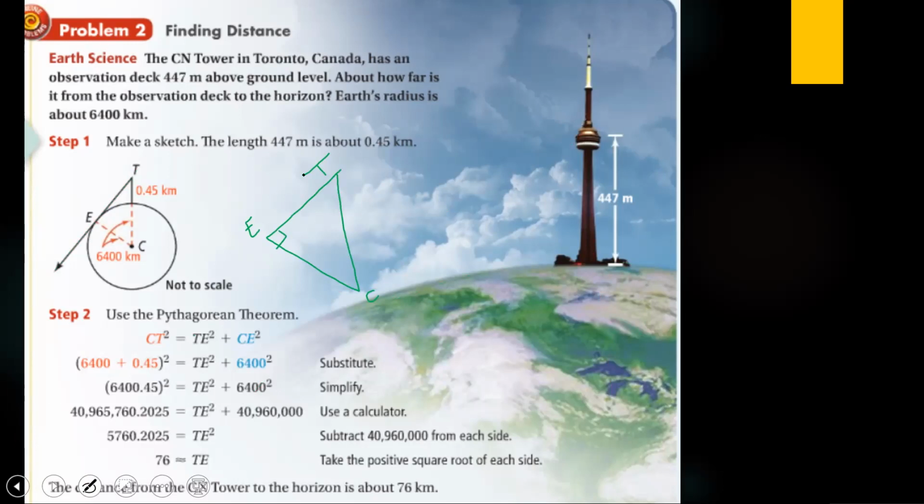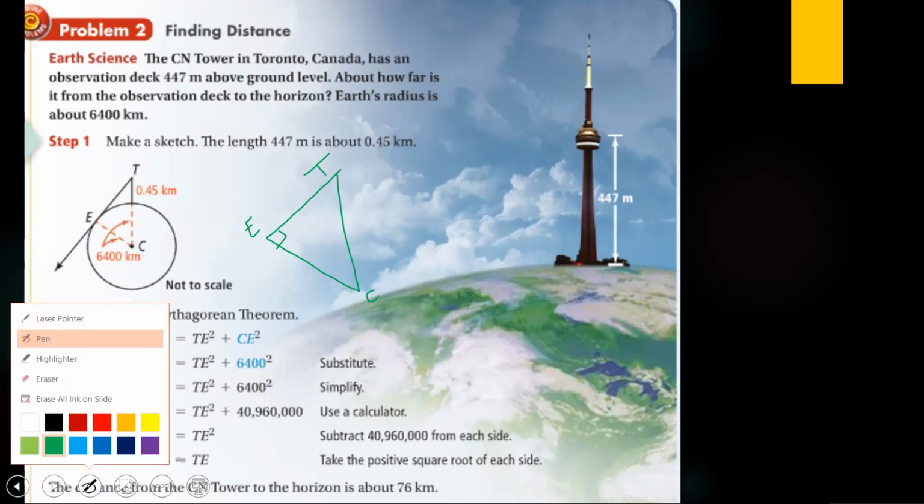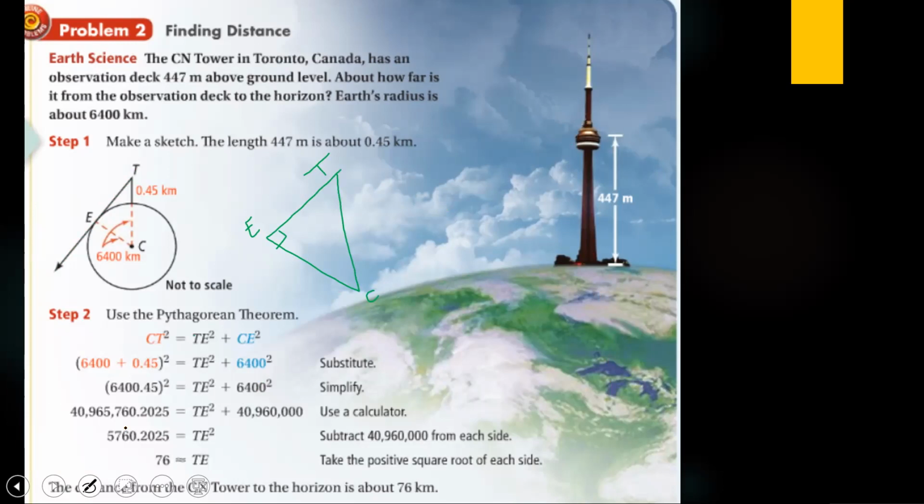Now I am not asking you about the angles, I'm asking you about the dimensions. EC is 6,400, and from the earth up to the tower, don't forget that you are on the earth, so the radius of the circle is also here 6,400.